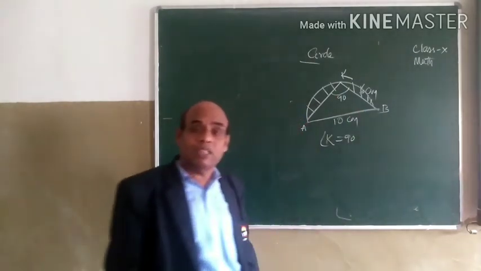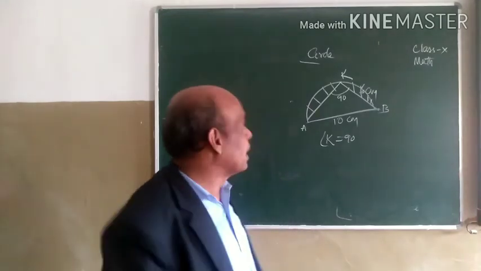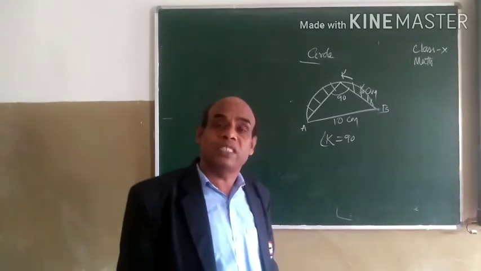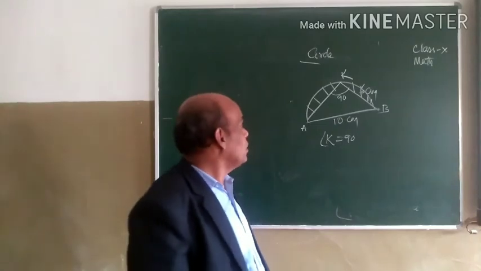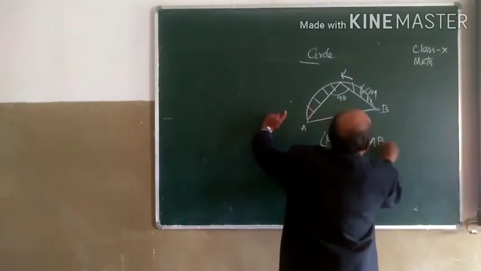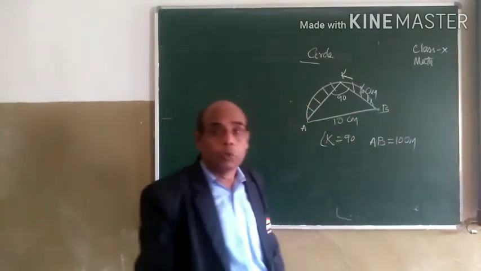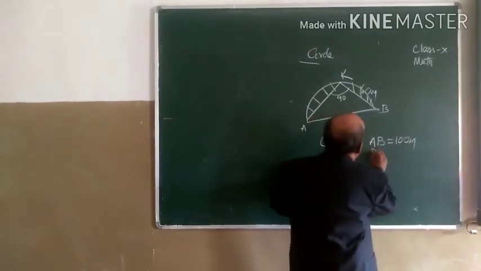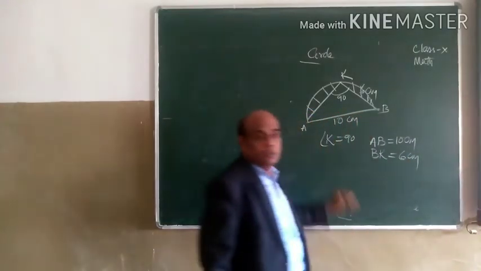So it is clear that AKB is a right angled triangle. AB is the diameter, and AB is given to you as 10 centimeter. Similarly, BK is given to you as 6 centimeter.